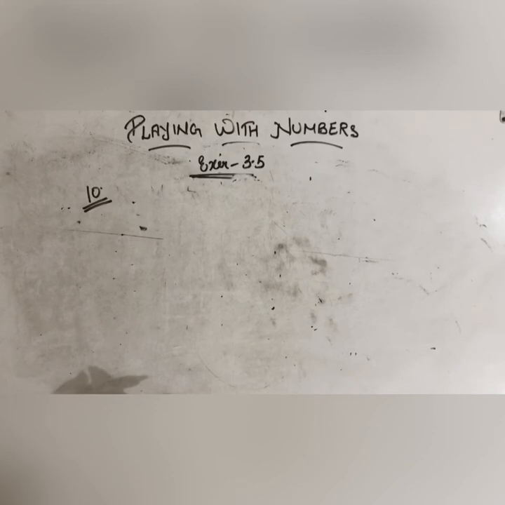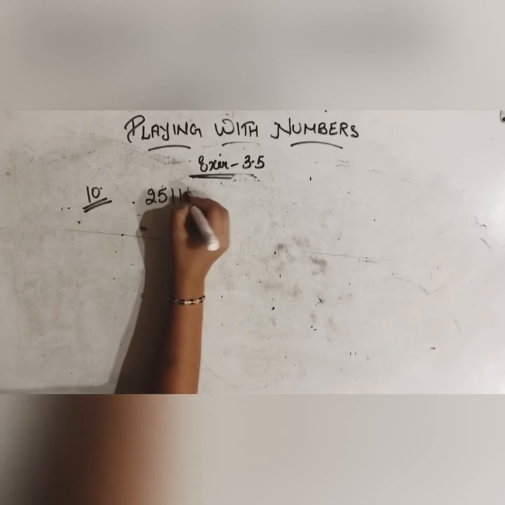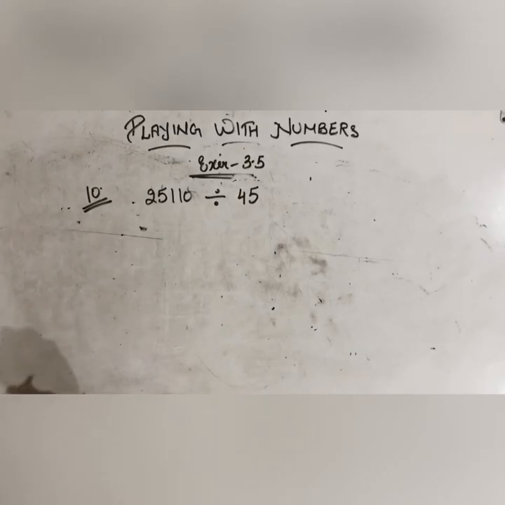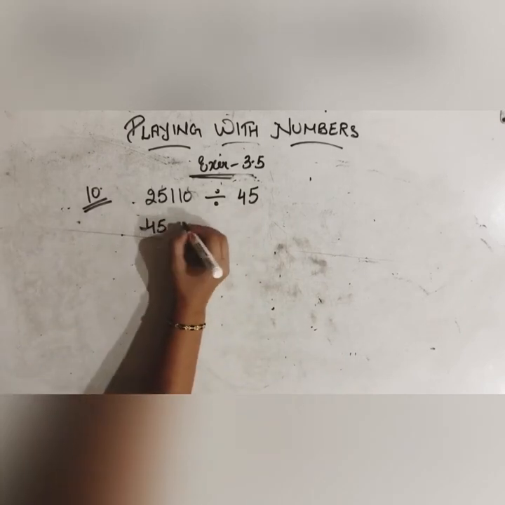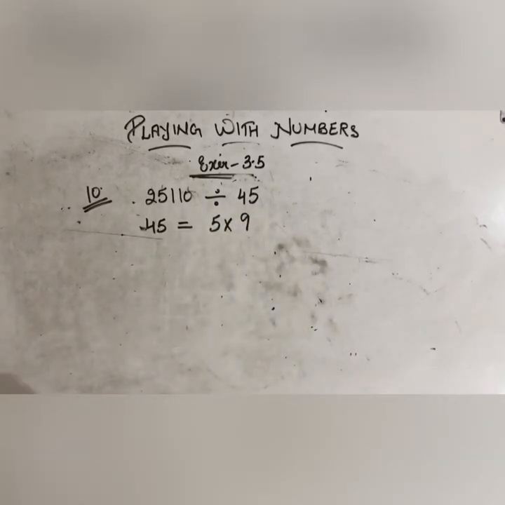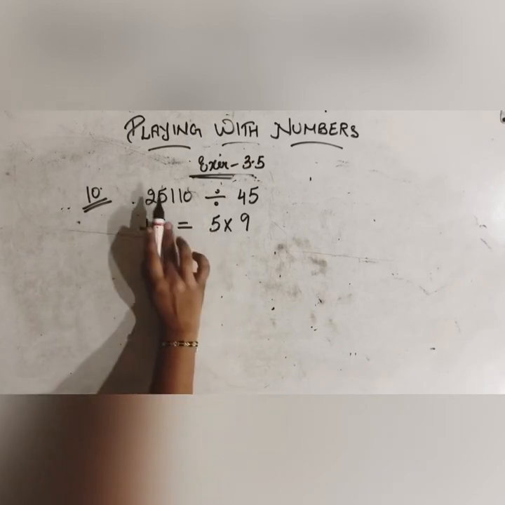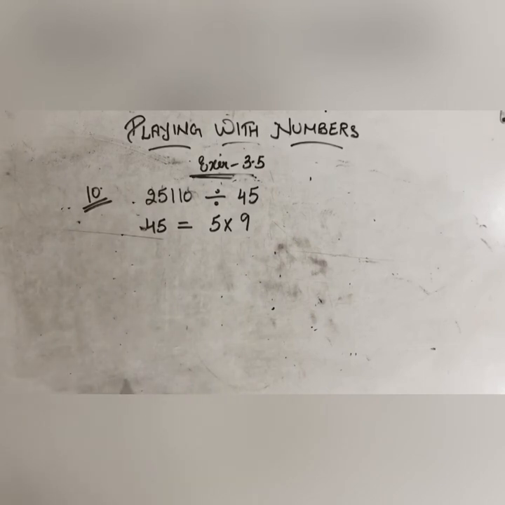Next is 10th question. Determine if 25,110 is divisible by 45 or not. So instead of dividing it by 45, what you will see is 45 can be written as 5 into 9. So if this number is divisible by 5 as well as 9, then we can say that this number is also divisible by 45.